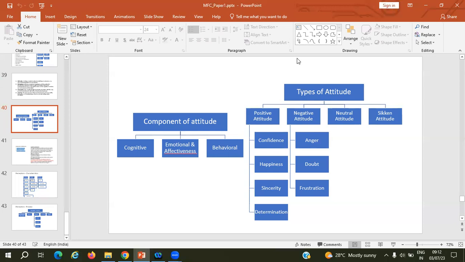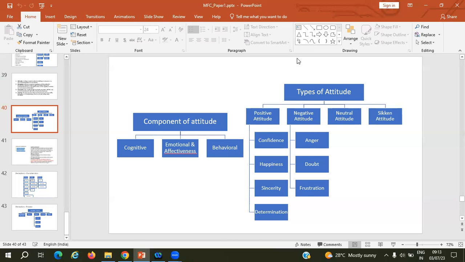Anything coming from emotions, suppose you saw one person wearing a shirt or pant, and you have the same shirt, same pant. You are thinking, okay, I have the same thing. That is coming from an attachment to that object. So you are drawing one attitude based on whatever you saw.